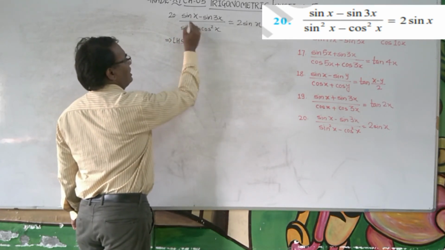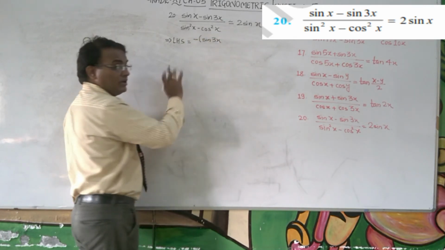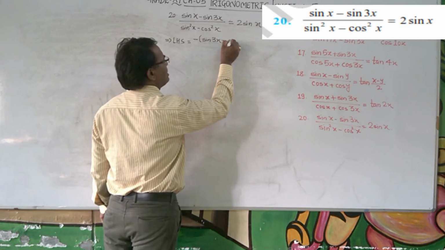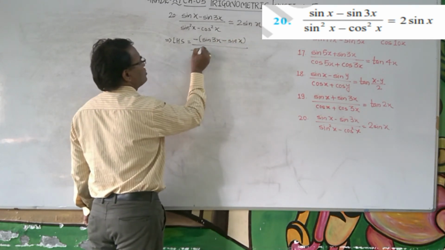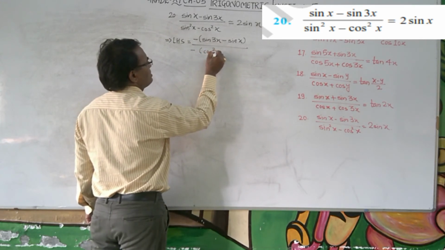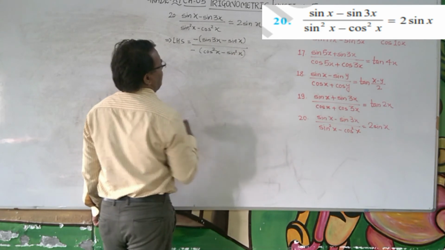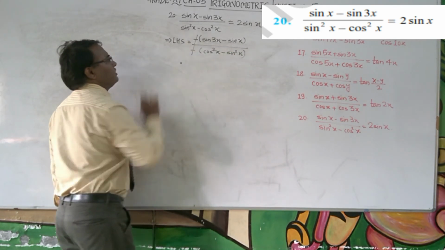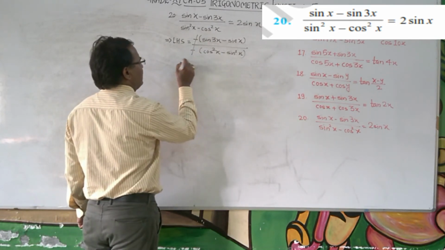So the LHS will be like this. If you take the rearrangement, first sin 3x minus sin x, no problem for this, and here also, minus out first, cos square x minus sin square x. These two minus signs will get cancelled, and now sin a minus sin b.